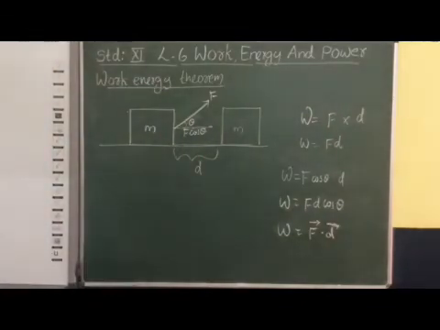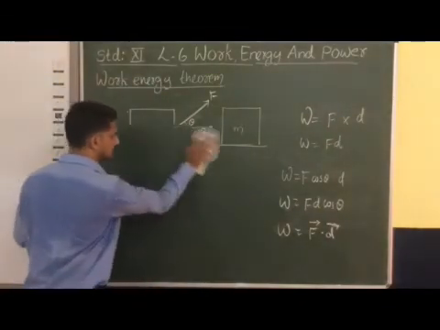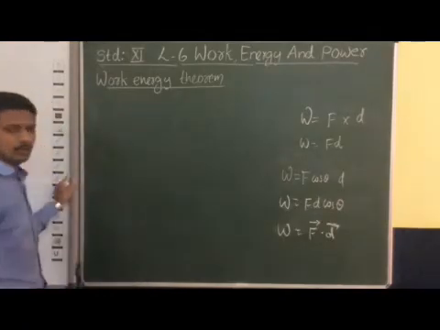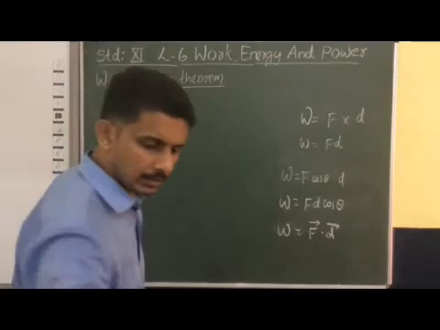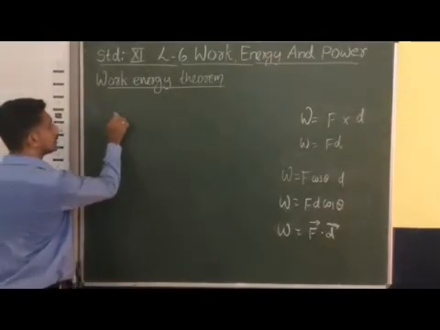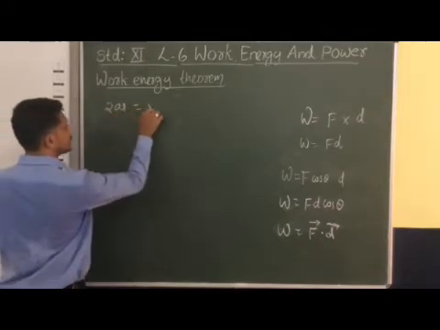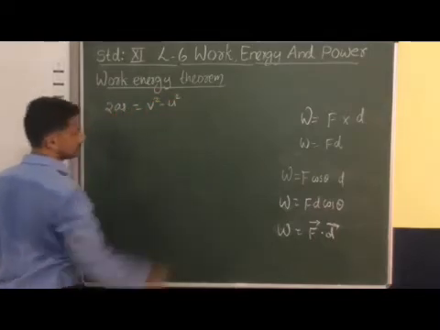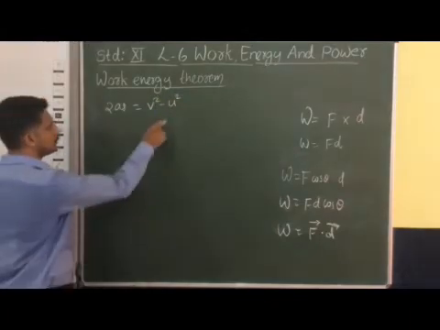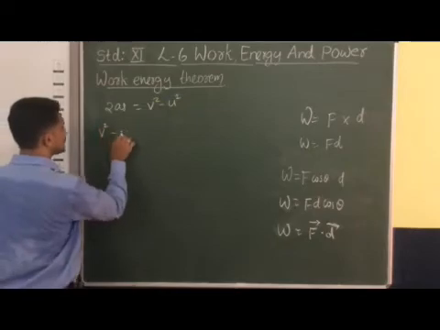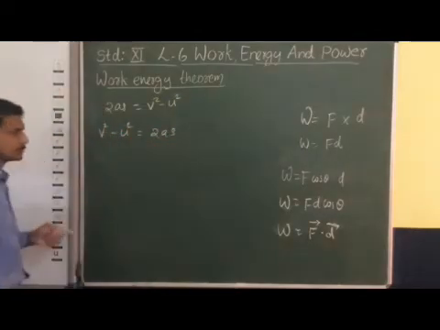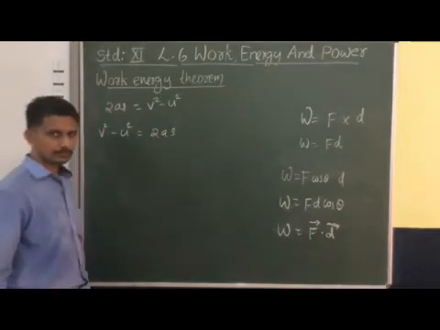Now we can discuss the work energy theorem along with this. We have seen that if an object is moving along a straight line, it performs accelerated motion. According to the third equation of motion, 2as is equal to v square minus u square, or we can modify this as v square minus u square is equal to 2as, or 2ad.